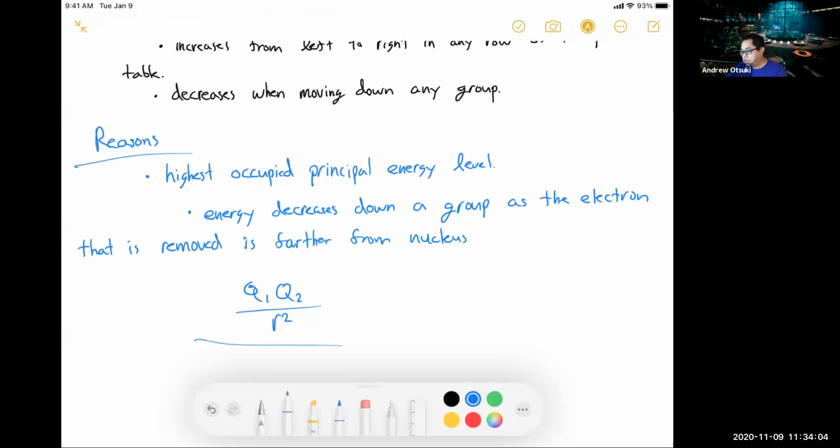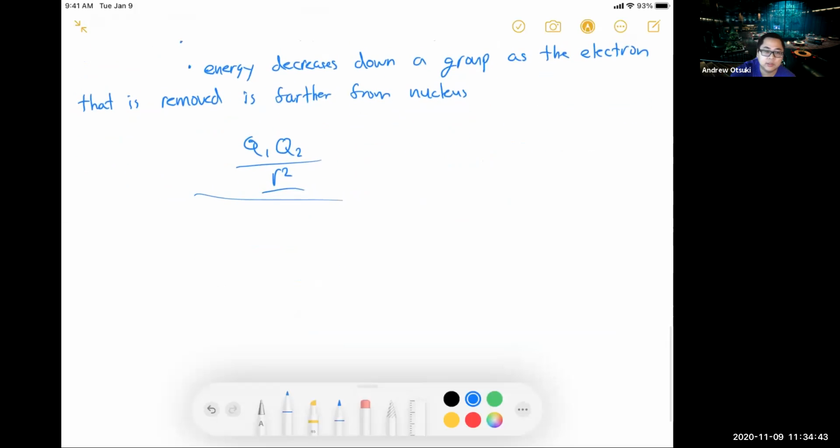As we increase the R term away from the nucleus, the attractive force is going to decrease by a square relationship. So if you double the distance, you're going to have a decrease of the attractive force by a factor of 4. So it's always going to be felt less from the electrons as you move higher up into those principal energy levels. Okay. So hopefully that made sense.